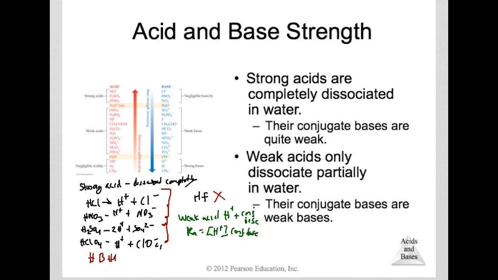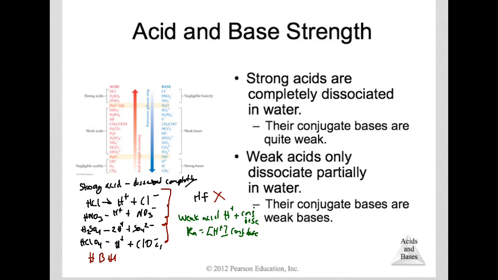How do you give a number to that? Ka. If the Ka is a large number, is it more or less acid?